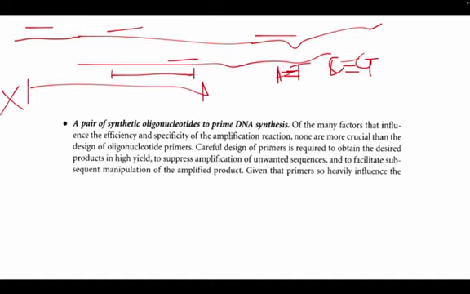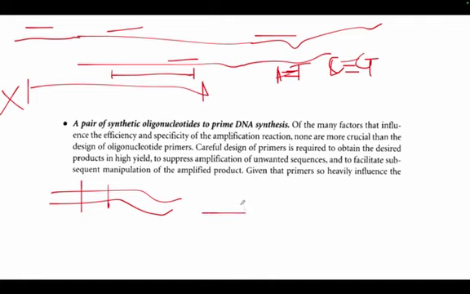So careful design of primers is required to obtain the desired products in high yield, suppress amplification of unwanted sequences, so we don't want our primers to bind in other places, and to facilitate subsequent manipulation of the amplified product. If you do want to process your amplified product further, say I have in this DNA sequence this region here.